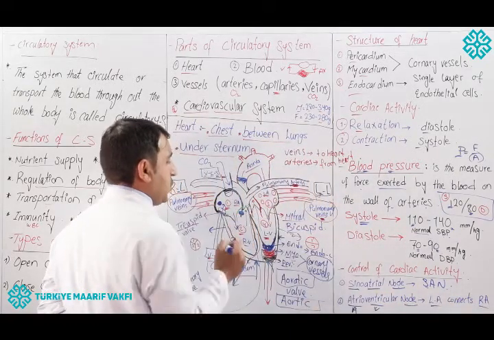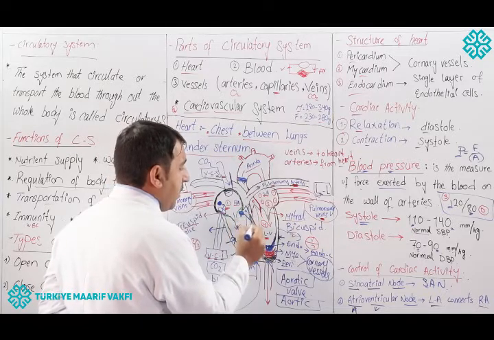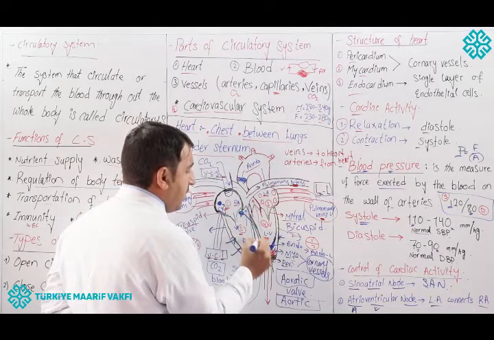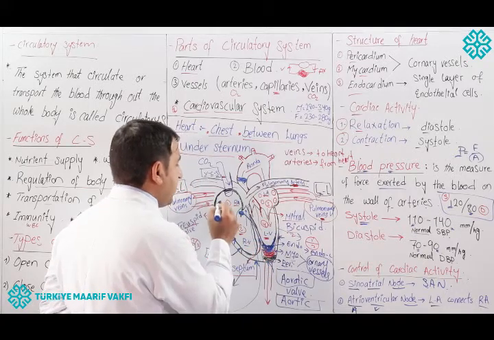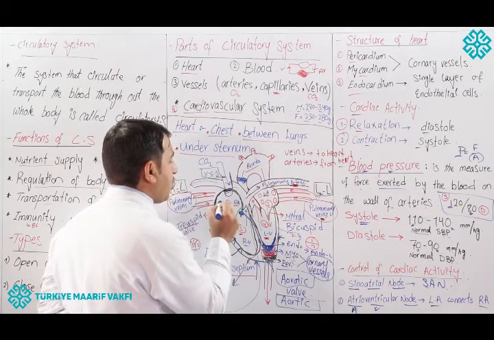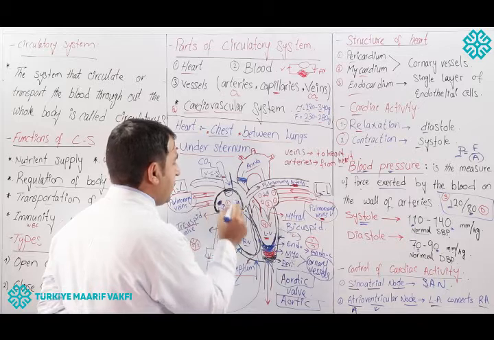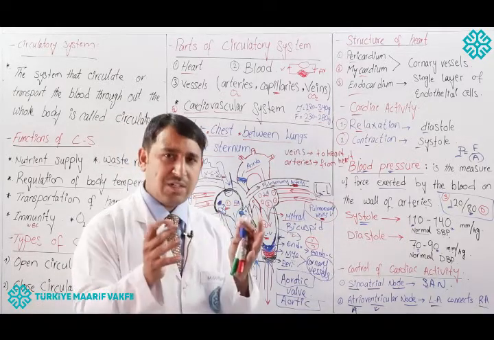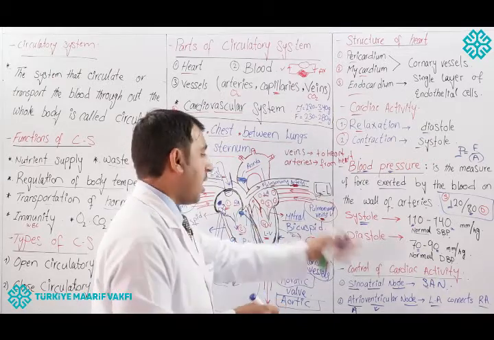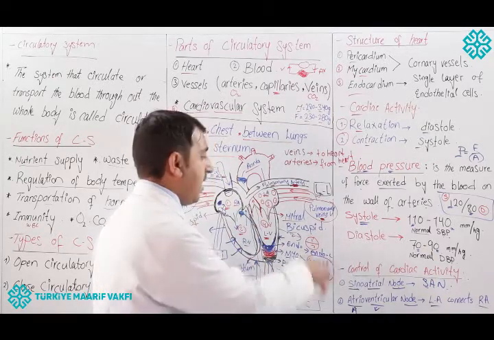At this part it is located, and we have some fibers which go through these muscles, and it makes some electrical charges, and with these electrical charges the atrium and ventricle contract, and the cardiac activity is controlled by these nodes.